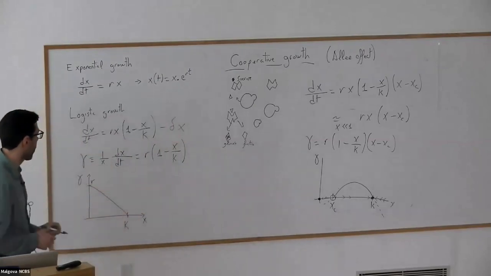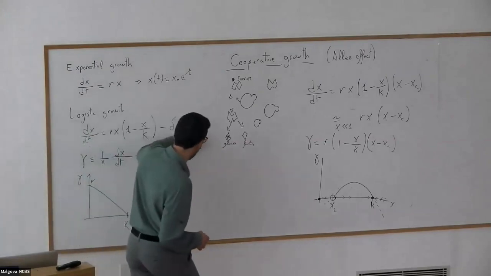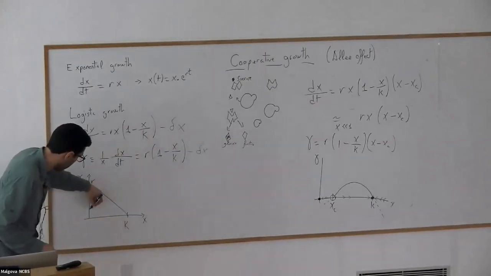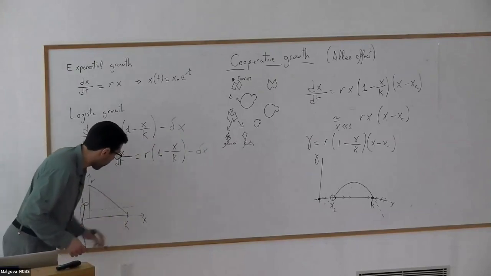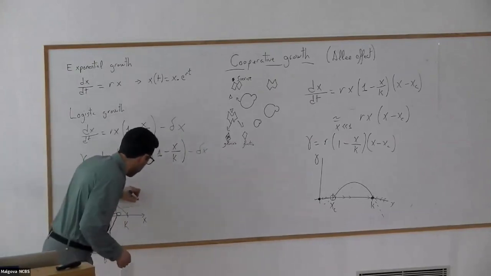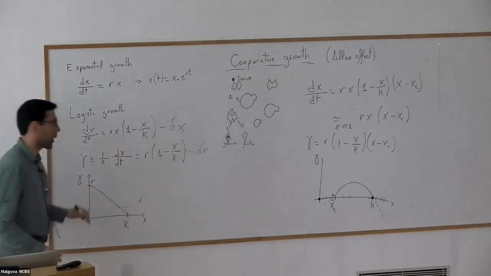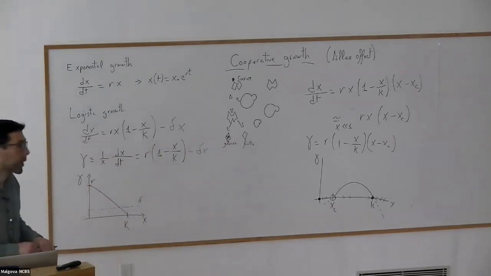And when we have this in the equation, we can think about this as adding a constant death rate that has to be subtracted from the per capita growth rate that we had before.